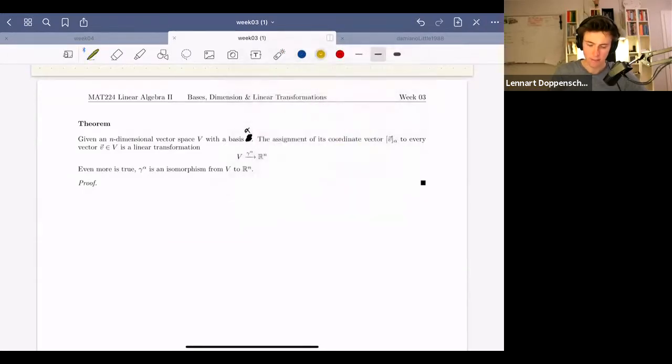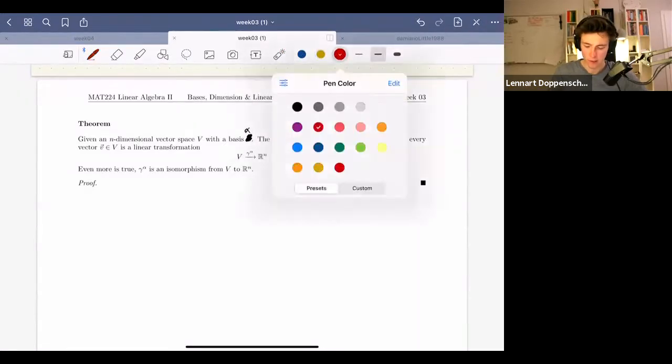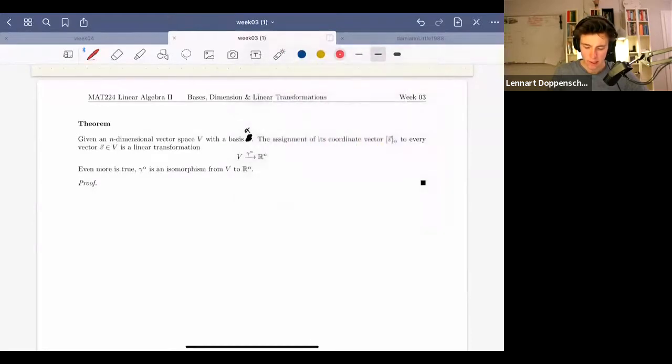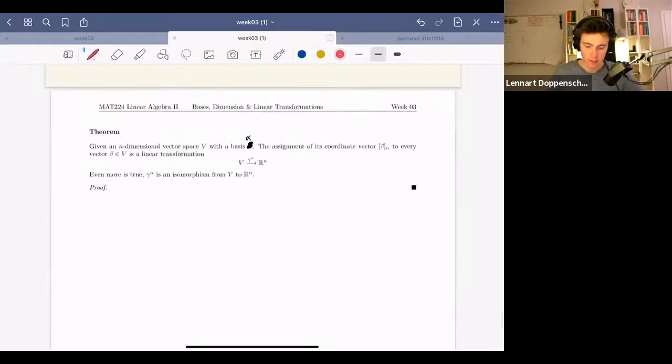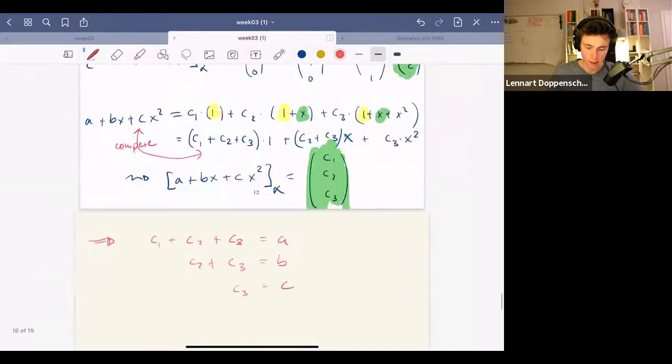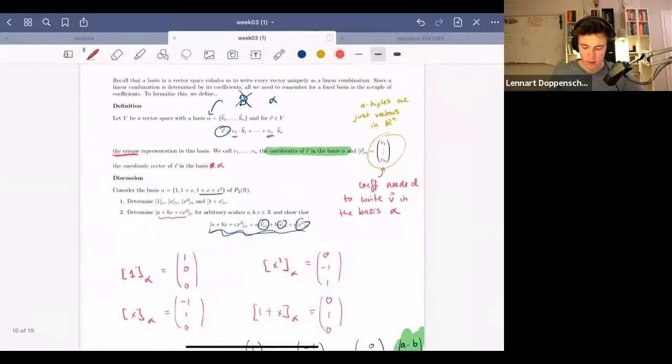I'm basically not saying anything new. I'm just making the assignment from a vector to its coordinate vector formal. I'm just introducing notation and using fancy words, but it's the same idea as before. When we have a vector and a basis, there are these n coefficients, and that's what I want to extract.